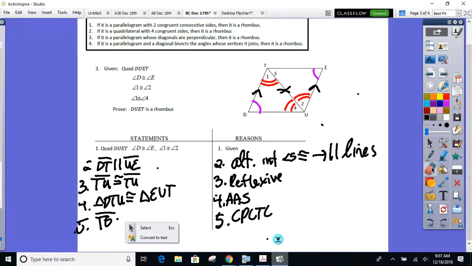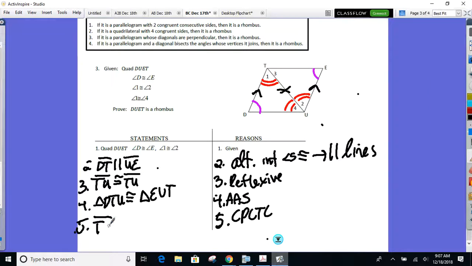I know what you're saying, but you're using 2 different triangles. Okay, now I see what you're saying. You want to say 3 and 4 is CP-CTC, right? Okay, but that doesn't make all 4 sides congruent because it only works in a single triangle.